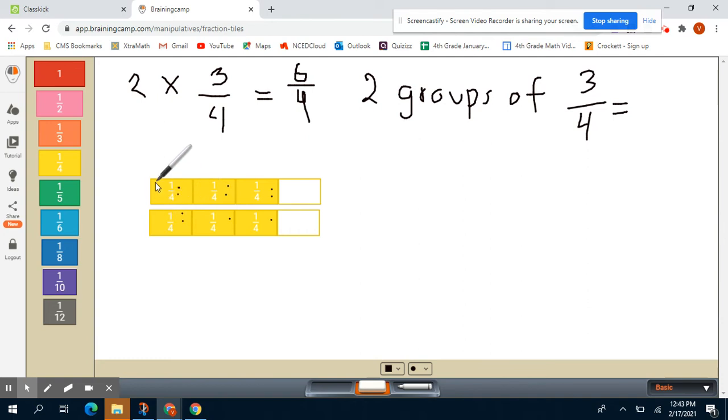There's my complete fraction. So that means I can group these together because this is the same thing as one whole. 1/4 and 2/4 is left over. So I have one whole and 2/4 left over.